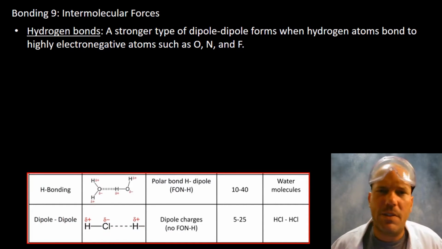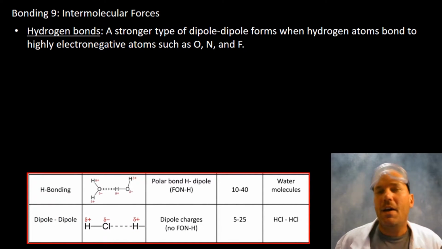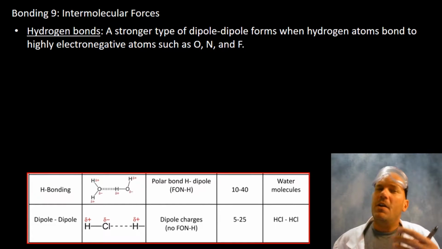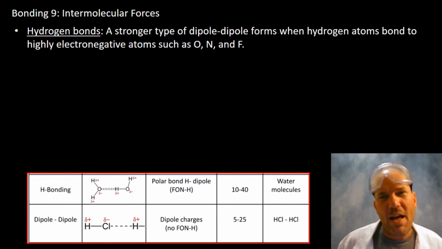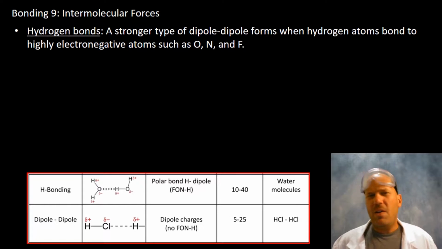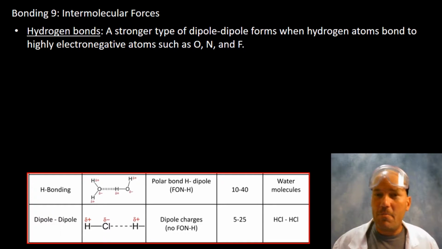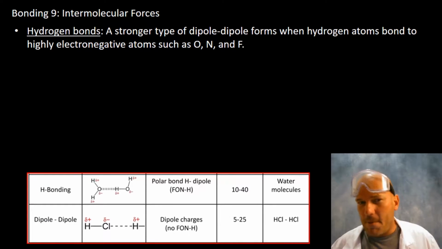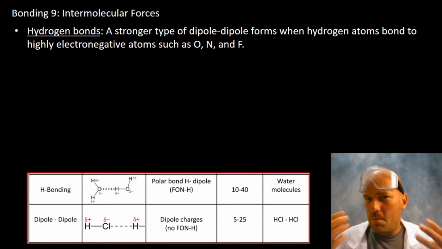Now, here's a special type of dipole-dipole interaction or force, and it's known as hydrogen bonding. In reality, though, hydrogen bonding is nothing more than an intermolecular force. Hydrogen bonds are stronger than dipole-dipole bonds, but they are nothing more than a special type of dipole-dipole bond.